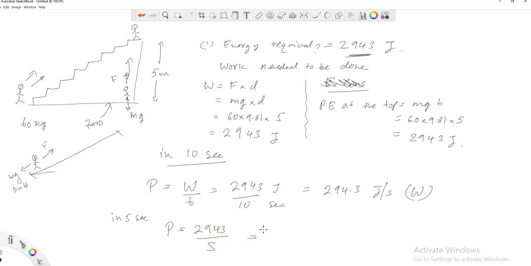So let's see, 2943 divided by 5. Need to do it faster. So 588.6 joules per second. If you want to do it faster, you need to spend energy faster, more energy within 1 second, right? So that's the idea of power.